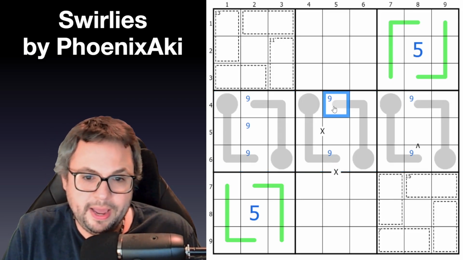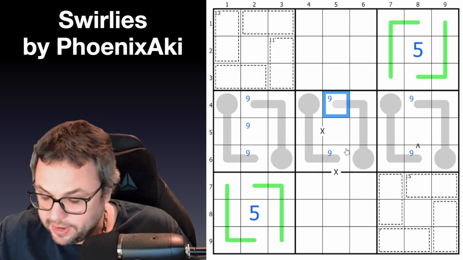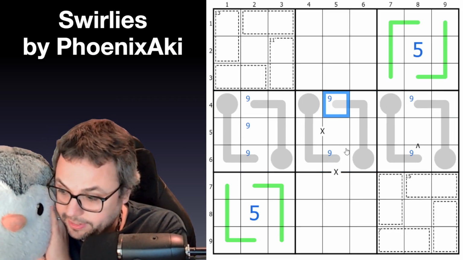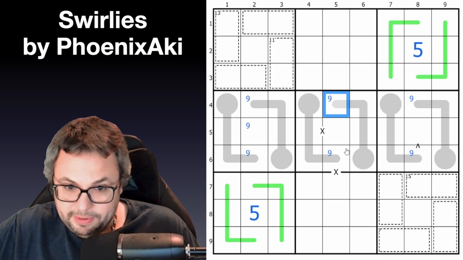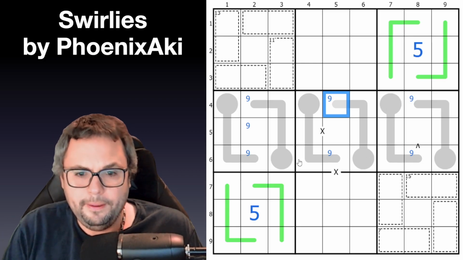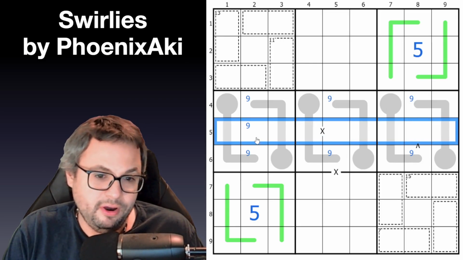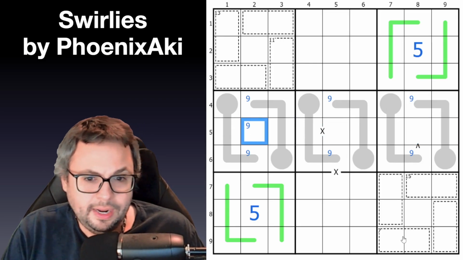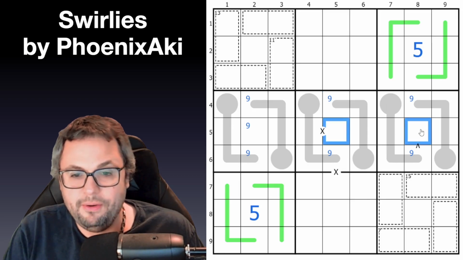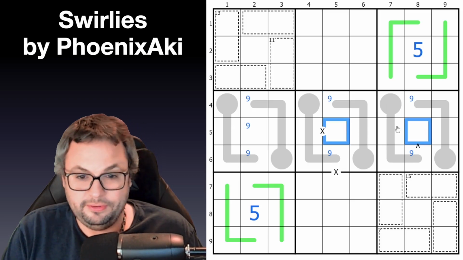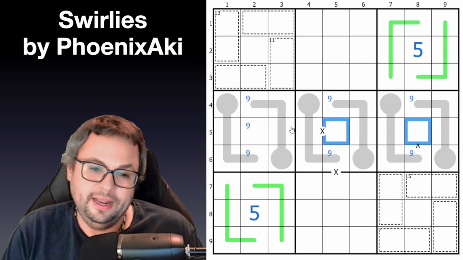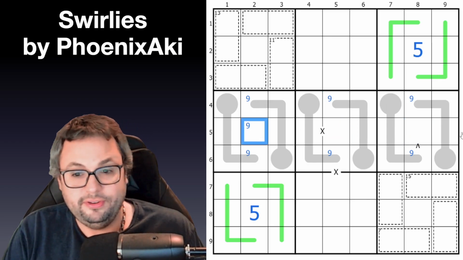And by an arrangement, which I usually call a Zach Wing, named after our channel mascot, Zach, who's always happy to have his name attached to things, you can ask yourself, where does the 9 in row 5 go? It's got to be there because it was ruled out of the corresponding places in these. And if I don't put a 9 here in row 5, there just isn't a 9.